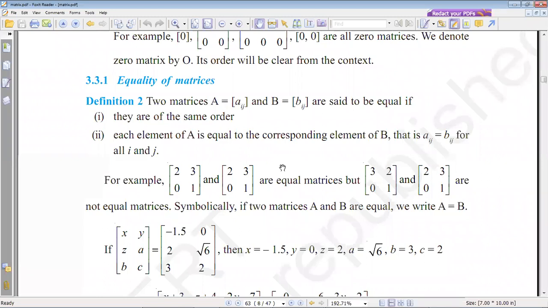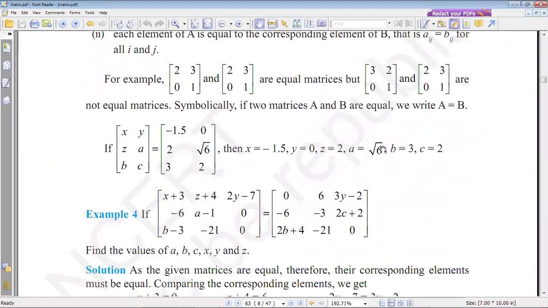Two matrices are said to be equal if, first, the order of both the matrices must be same, and second, the corresponding elements of one matrix must be equal to the corresponding elements of the second matrix. That means each element of A is equal to the corresponding element of B. Clear?